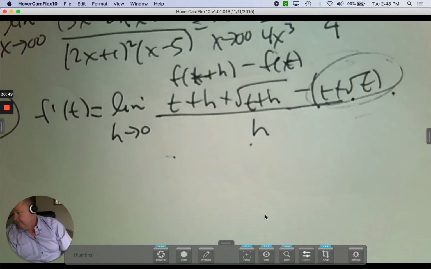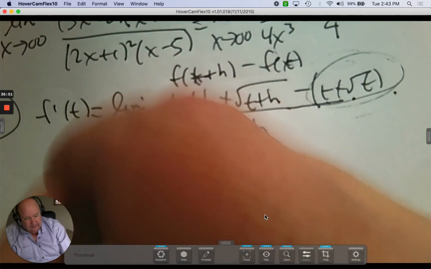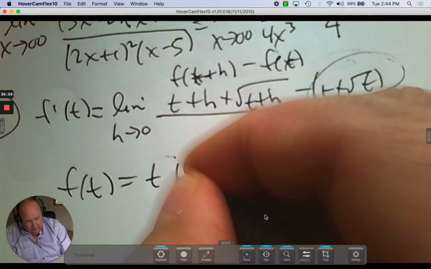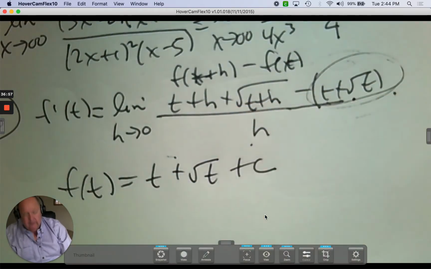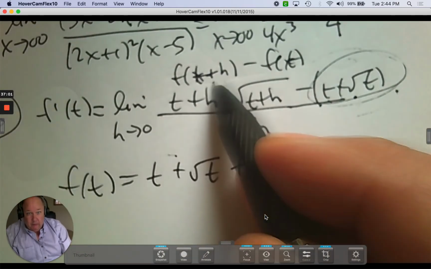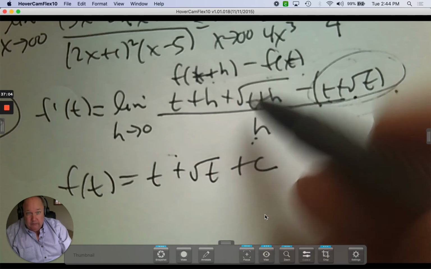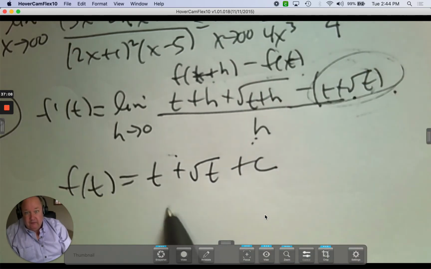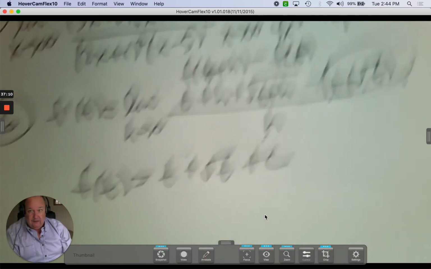That's it. And then don't forget the constant. So by definition here, that's t plus the square root of t plus c. So you're given the derivative as a limit. Remember your formula for a limit to find a derivative, which is, I know, a long time ago. This right here without the h's gives you what the function is, and then add the constant.